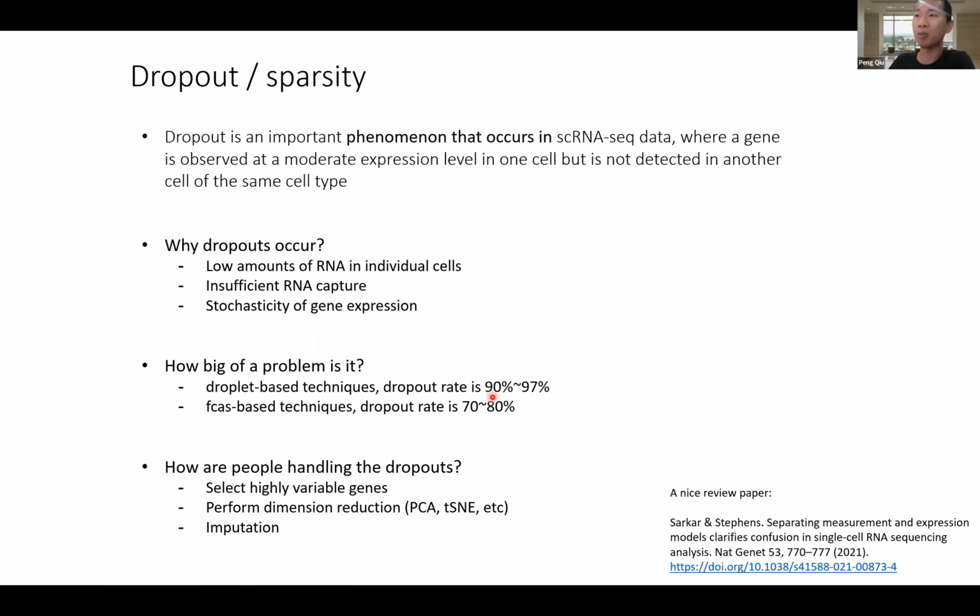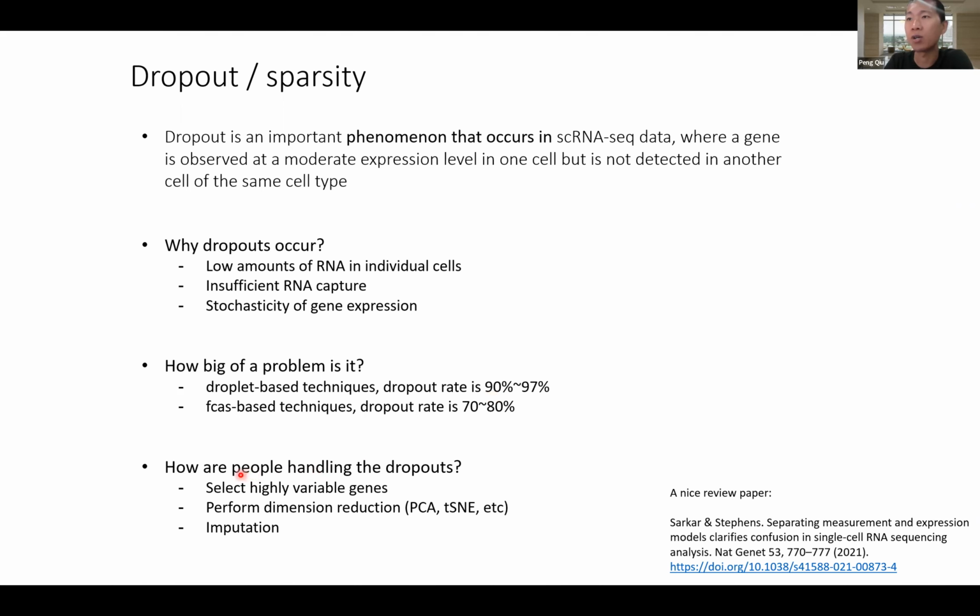But then, how big of a problem is dropout, meaning how many zeros are caused by these technically undesirable artifacts? I really don't have a good way to quantify that.